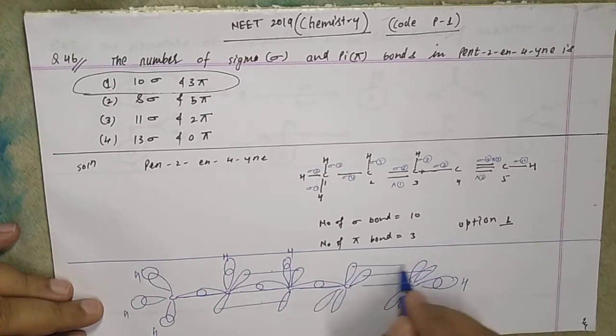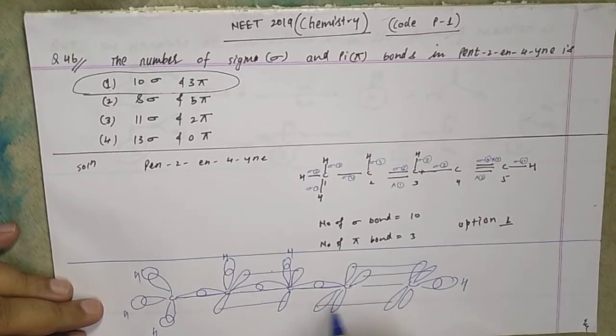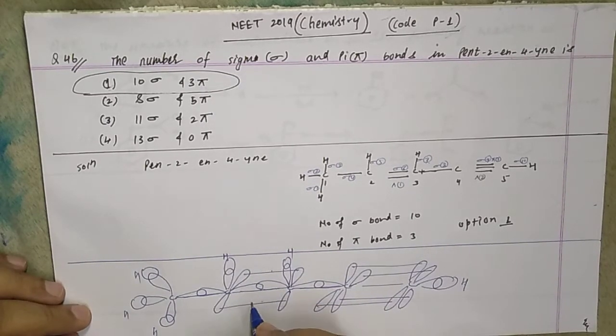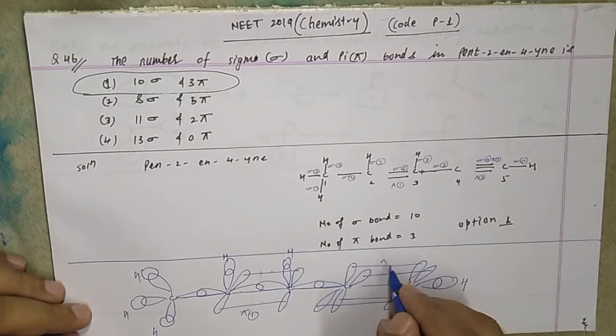Here 1, 2. Now this is the pi bond. A double bond equals 1 sigma and 1 pi bond. So here is pi 1, here is pi 2, and this will be pi 3.